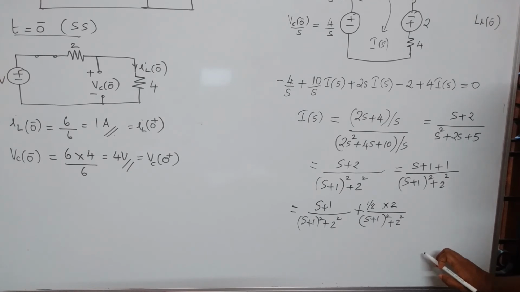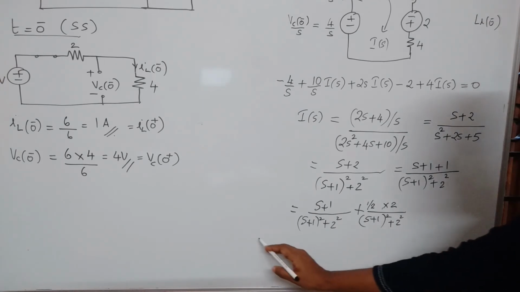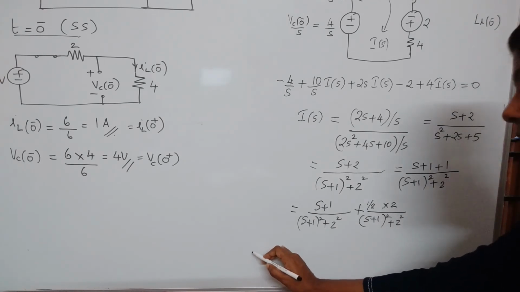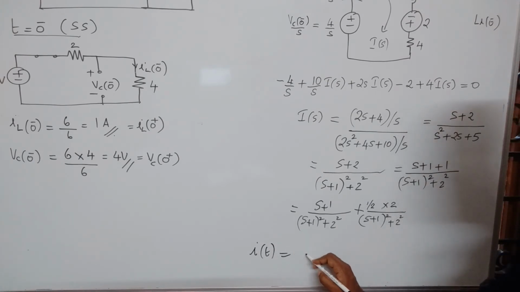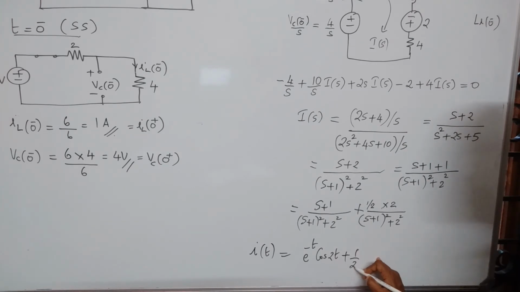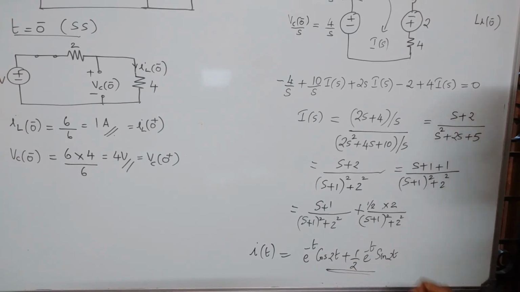Okay. Now this is in standard form. We can write the inverse. The inverse will be I of t is equal to e raised to minus t cos 2t plus 1 by 2 into e raised to minus t sin 2t. So this is the final answer for current.